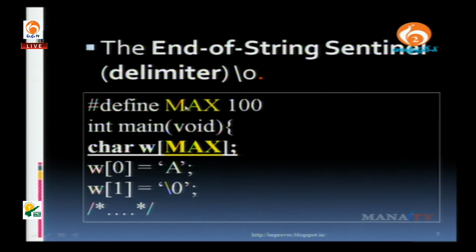You can write any identifier here; wherever max appears it is replaced with the size 100, that is the meaning of macros. Here char w of max means the character array size is 100. First w of 0 equal to a, I am writing only a, w of 1 equal to \0. This is nothing but initializing a character array.